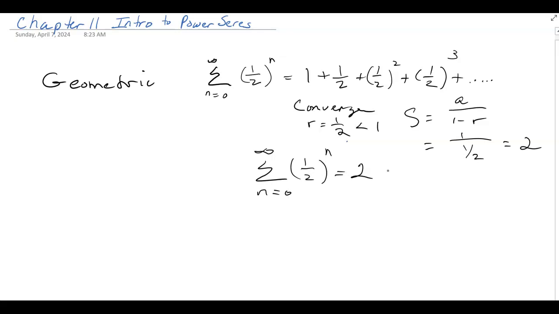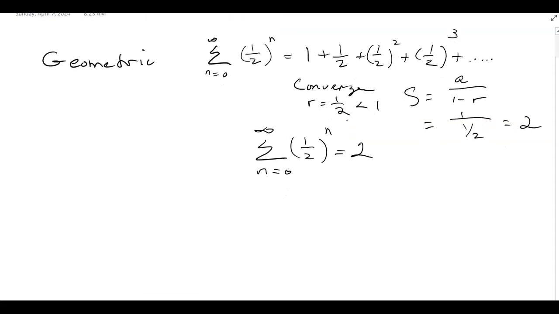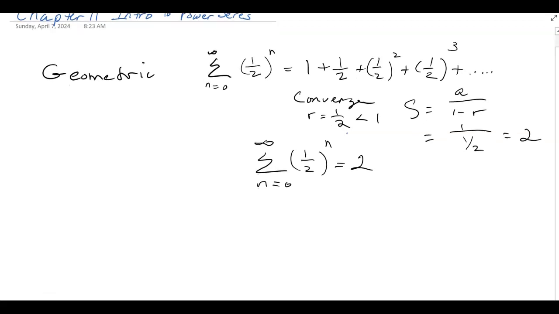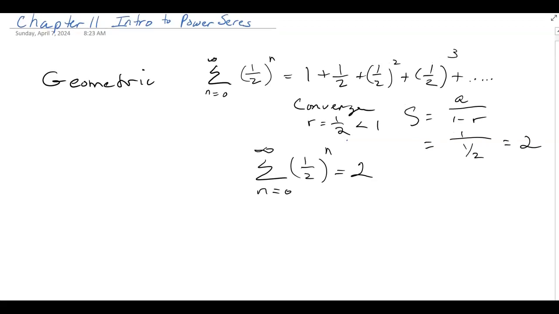Now, again, what are power series? The other series that we're going to learn in this particular chapter are power series, then a specific type of power series called a Taylor series, and then a specific type of both of those called the Maclaurin. So to get started, let's talk about what a power series is.